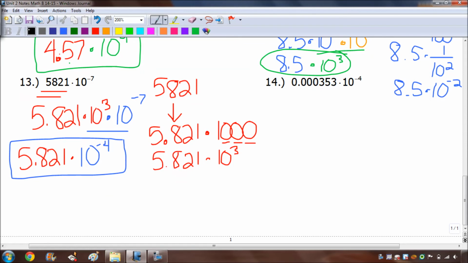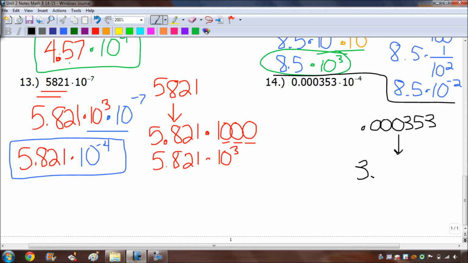So in number 14, I need to take this 0.000353, and I need to rewrite this for myself so I can make more sense of this. Well, I know this is the 10ths place, this is the 100ths place, this is the thousandths place, so this is the 10,000ths place. So I've got 3 10,000ths, 3.53 10,000ths really.